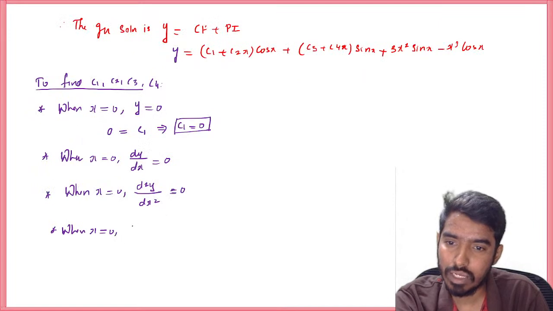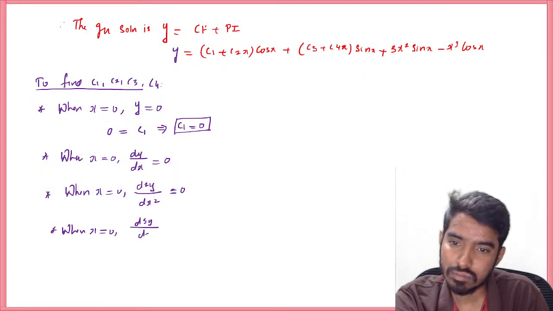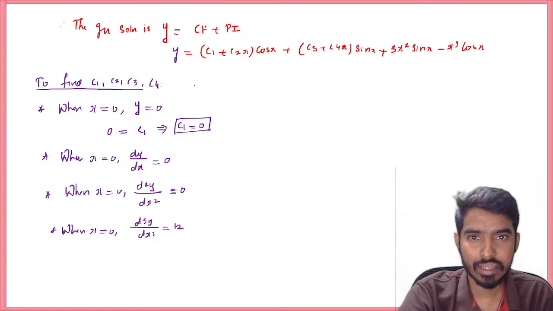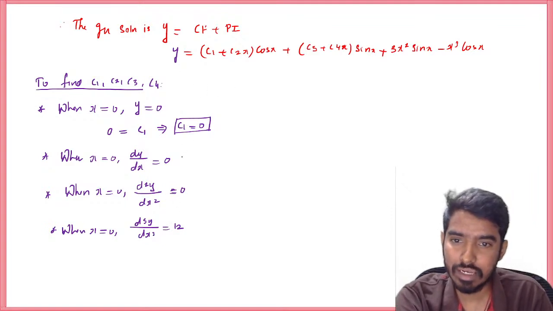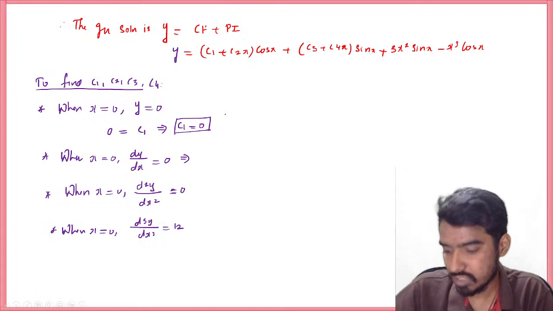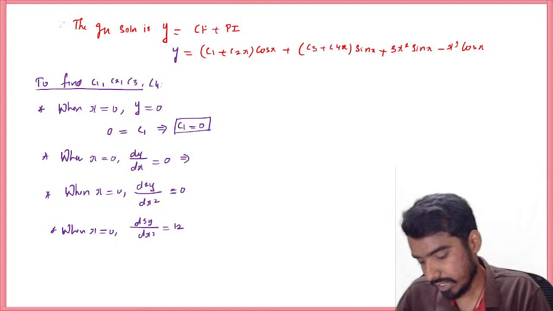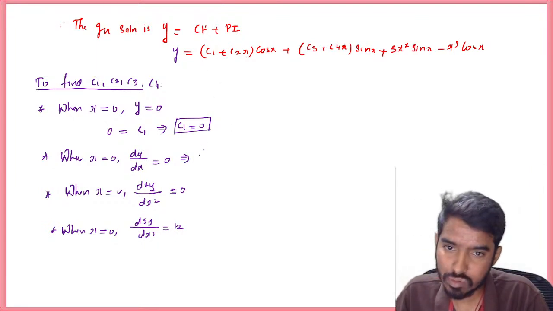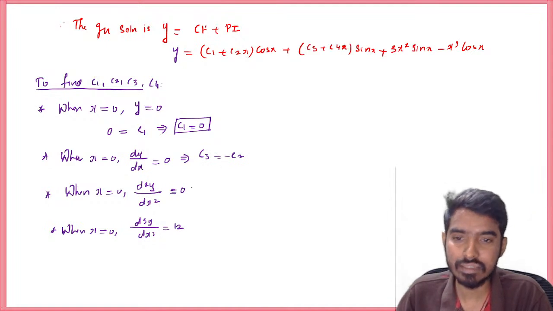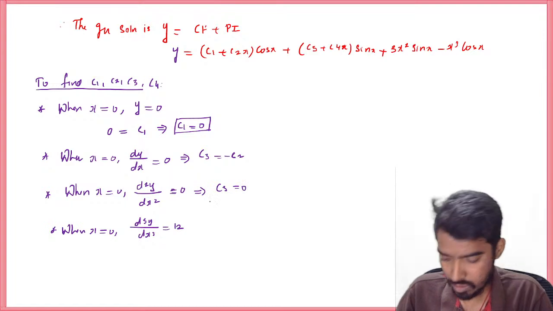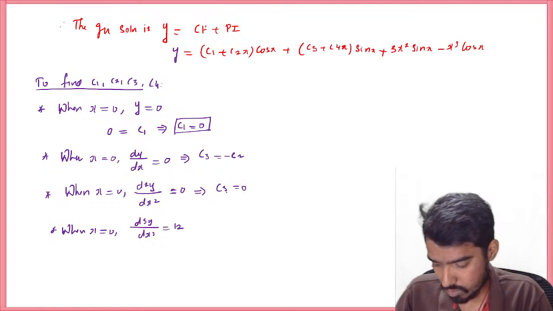So find dy by dx, d square y by dx square, d cube y by dx cube, and use all these initial conditions. If you use these, you will get c3 equal to minus c2, right? If you use this, you will get c3 equal to 0. c1 is 0, c3 is equal to minus c2.